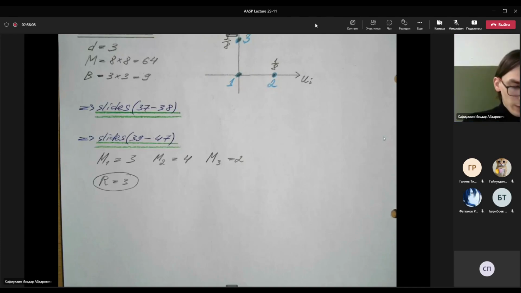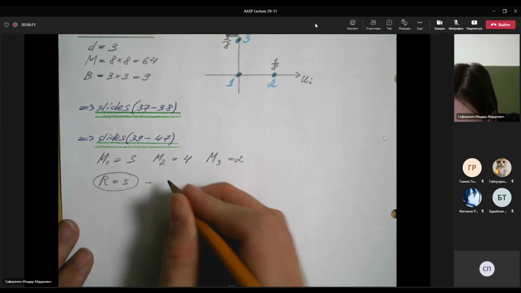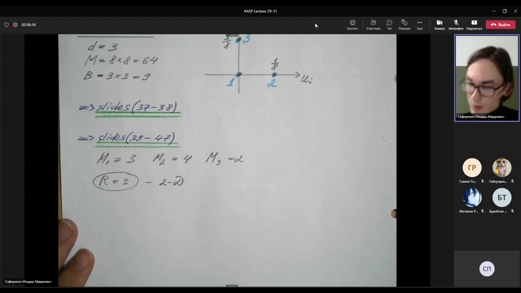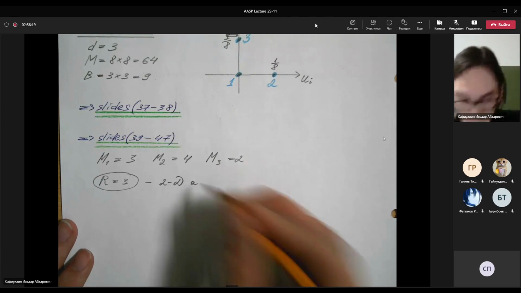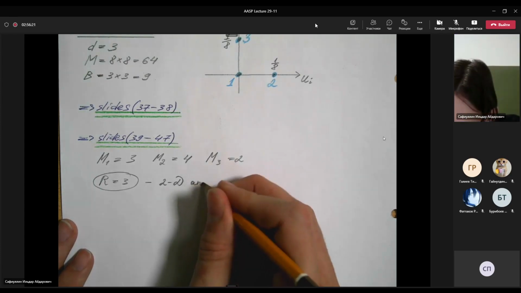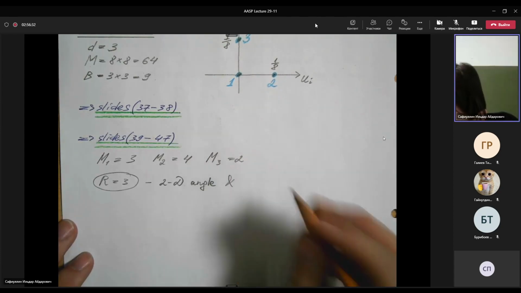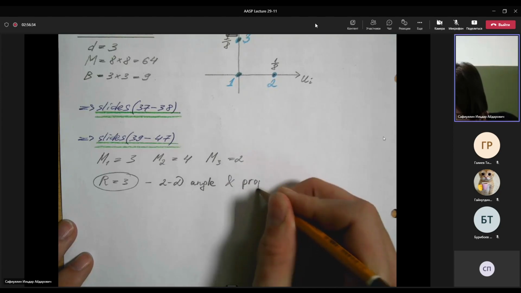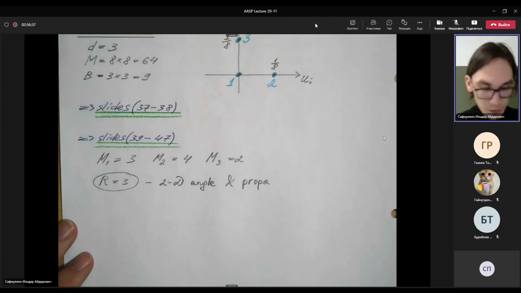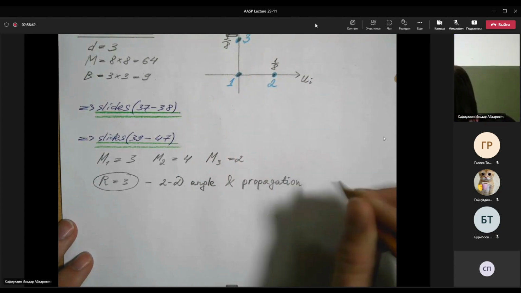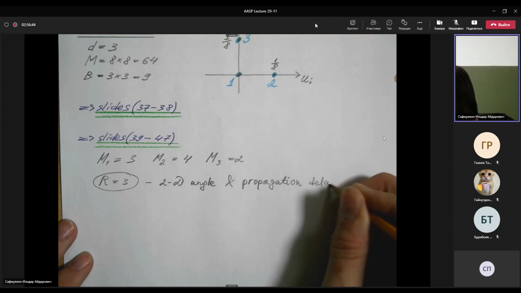And here we estimate a 2-dimensional direction of arrivals, so 2D angle. And also we estimate the propagation delay estimation.